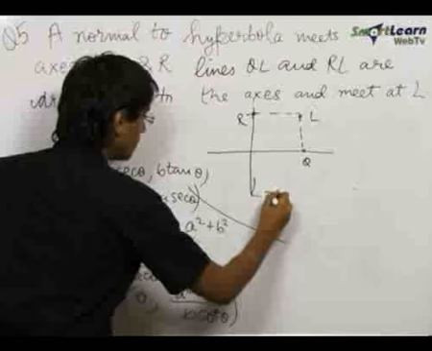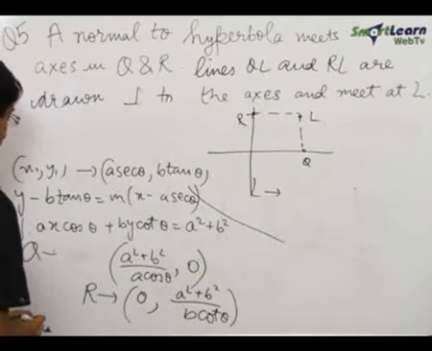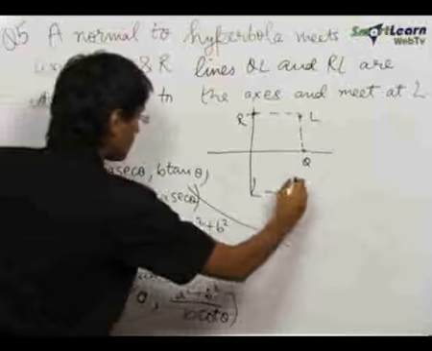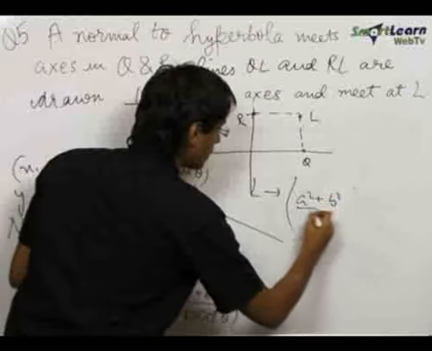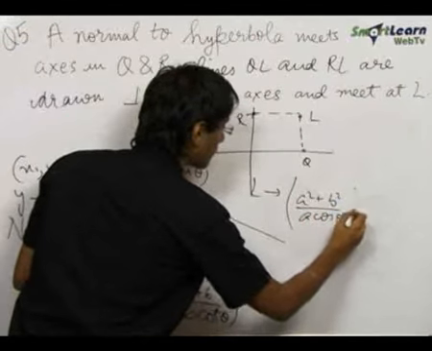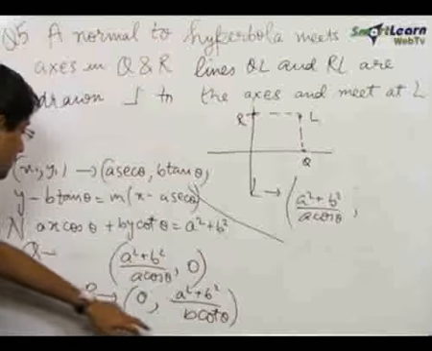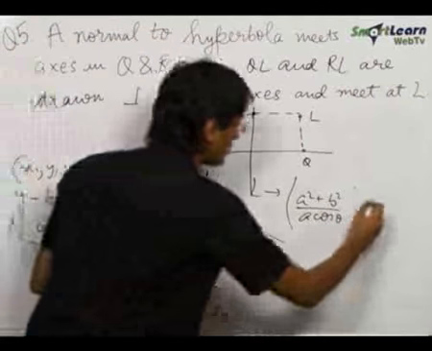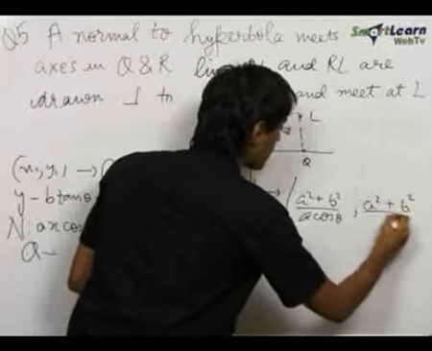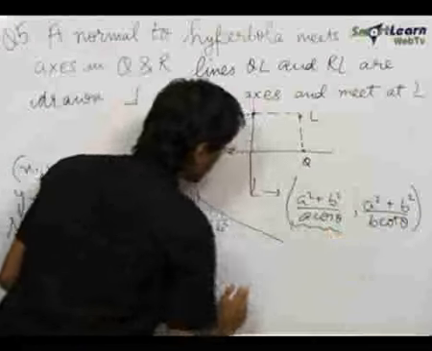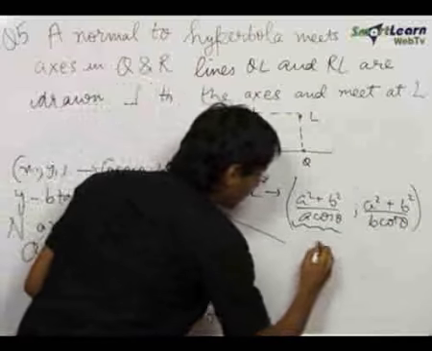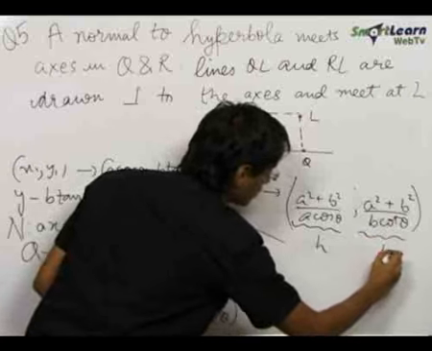Hence L will be: the x coordinate is a square plus b square upon a cos theta, comma, the y coordinate is a square plus b square upon b cot theta. The locus of L has to be found out. Let us say this is H, this is K.